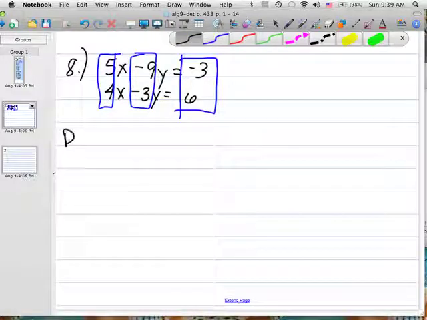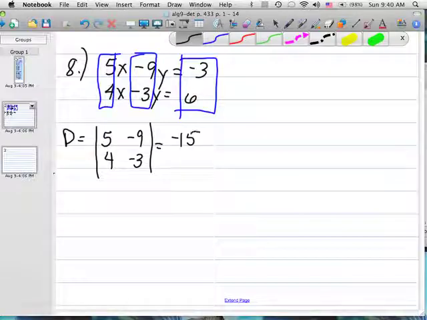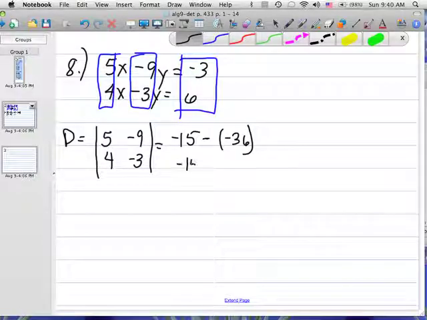So my matrix for the coefficients would be 5, 4, negative 9, negative 3. Do the multiplication. 5 times negative 3 is negative 15, minus 4 times negative 9 is negative 36. So that's negative 15 plus 36, which gives me 21.